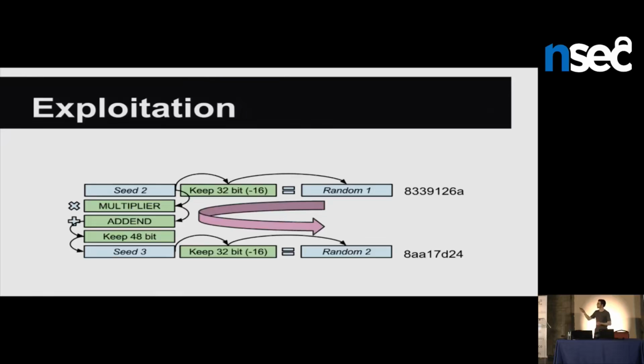So what we're targeting with those operations, there's actually one step. The objective is to go from one value to the other. The thing is that there's only one step in this part where we're missing some information, and it's the part where the least significant bits were truncated. Other than that, if we have the seed number 2, we can just go through all the operations and then we have the next value.